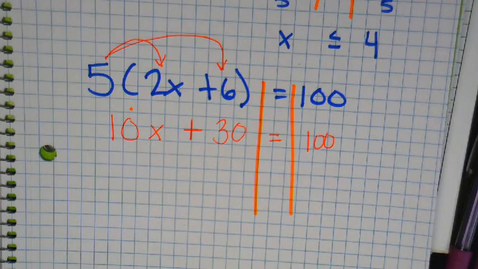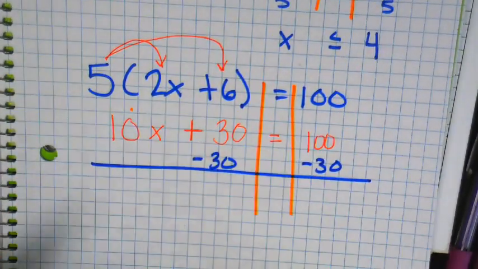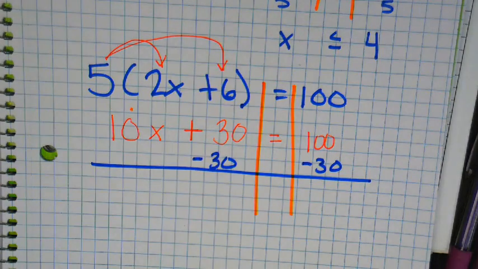Now we're into 2 steps. Subtract what? 30. 30 from both. Good. If you're working faster than I am, that's a really good sign. It's really good, because everyone has the knowledge to do these.